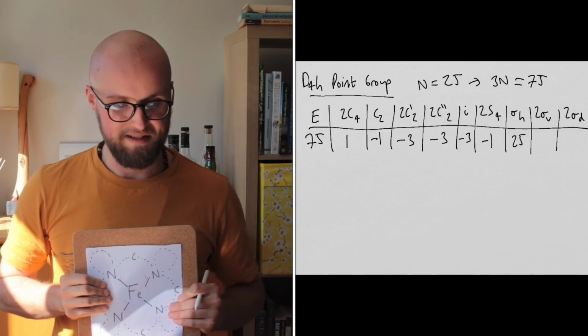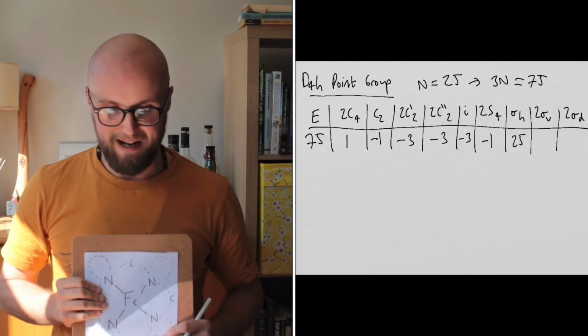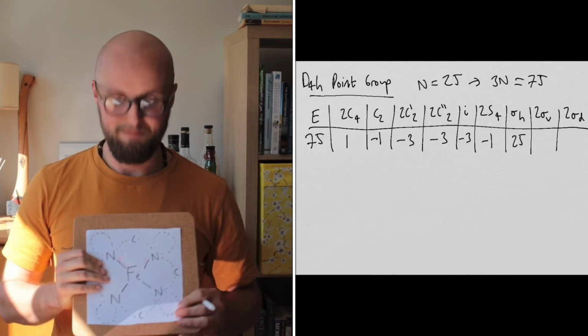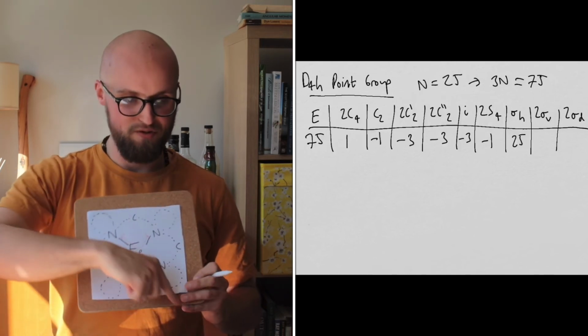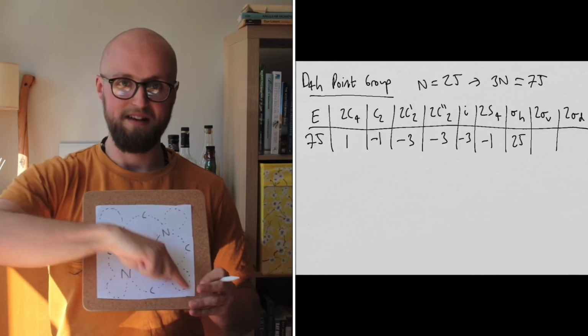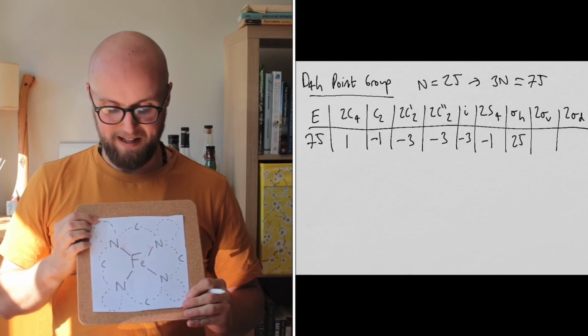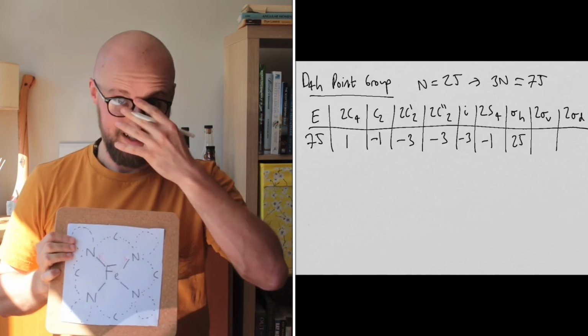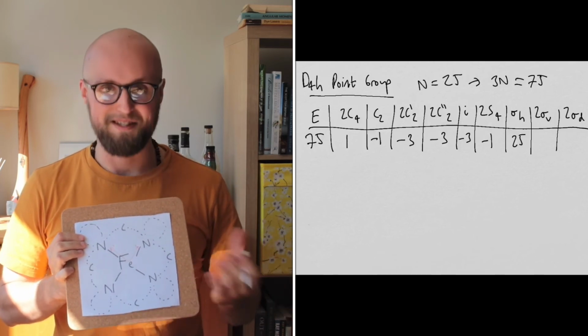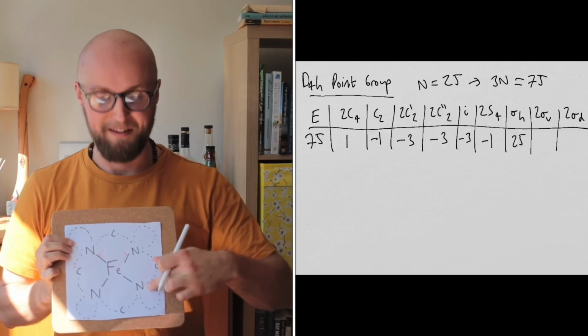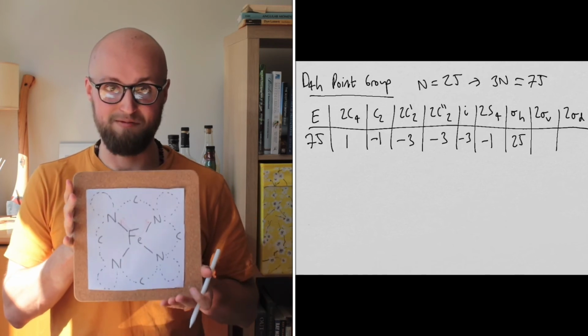Okay, and finally the sigma v and sigma d. So where was the sigma v mirror plane? Well, that was the one along the C2 prime axis. That's along here. Okay. And let's think about reflecting in that. So again, as I keep saying, but to labour the point, the only atoms that don't move are the nitrogen, the iron, and the nitrogen here. Okay, everything else will move.